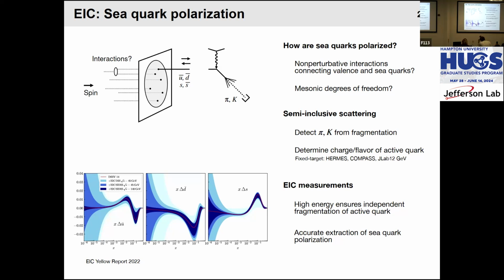The light blue band is what is presently known, and the red line is a current best fit. The light blue band is what we expect from EIC from inclusive measurements only, so not using this fragmentation information. And you see there are some constraints, but the uncertainties are very considerable.